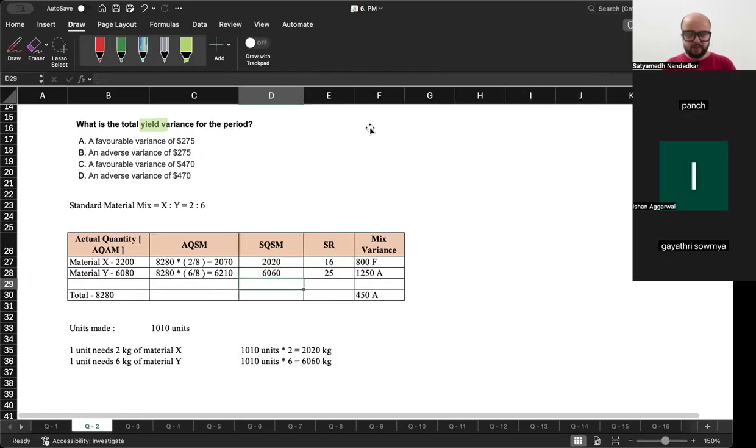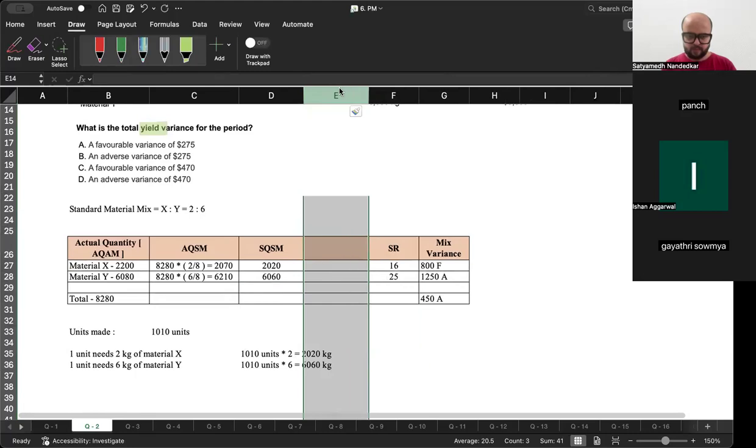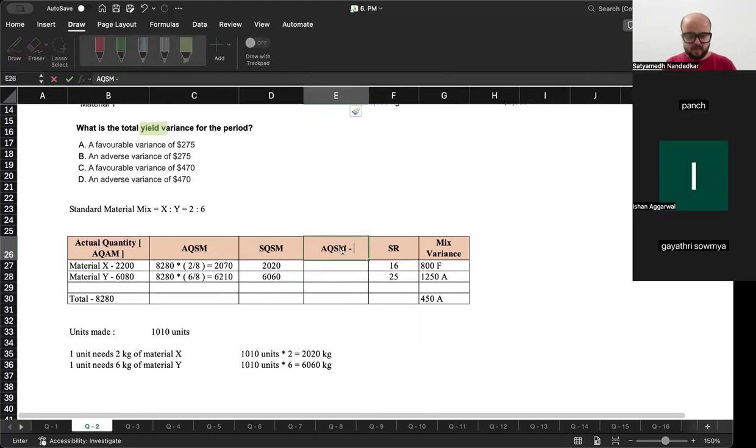Now here I will do actual quantity standard mix minus standard quantity standard mix. As per the standard recipe, you are supposed to use 2020 kg of material X, but you ended up using 2070. You used more. So 2070 minus 2020 is 50 adverse.